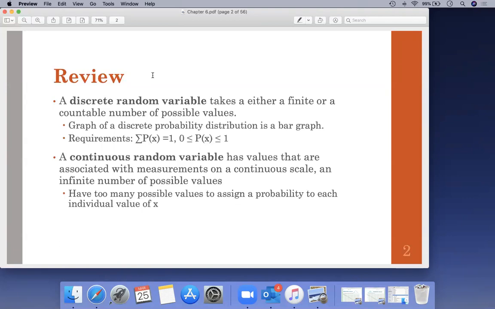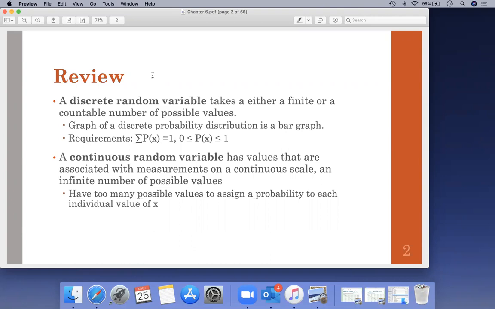So if you want to draw a probability distribution for that continuous random variable, is that possible? No, because you have a lot of x values. So how can you find each and every probability value for your x value? It's really impossible. That's why we need another alternative.